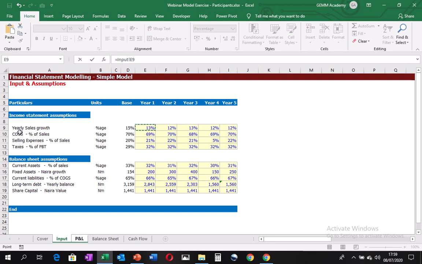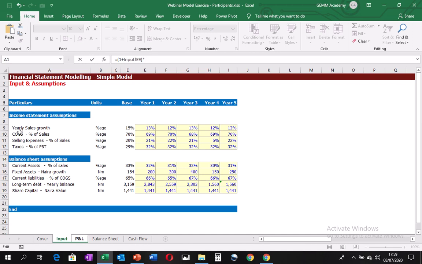Now what this means is that sales is growing from the base year to year 1 by 13%. So that means we need to open a bracket and say 1 plus that 13% growth, so that it will now be 113%, multiplied by the base. So you are going to multiply that by the sales in the base year.